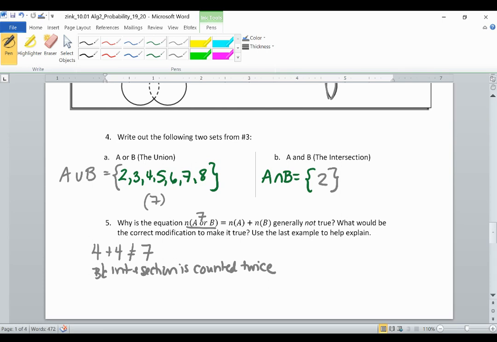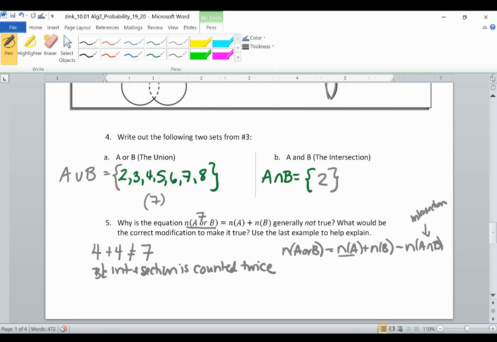So what you want to do to modify this, the number that's in A or B, so our union, is equal to the number in A plus the number in B, but then you need to subtract however many elements are in your intersection. However many are in that little piece of overlap. Because you're counting them twice, you only want to count them once.